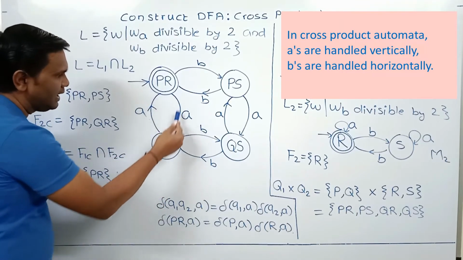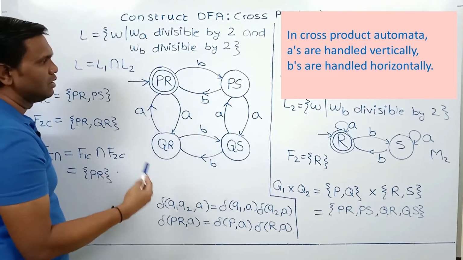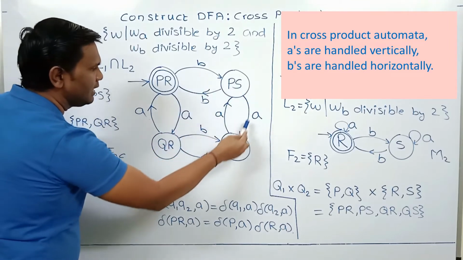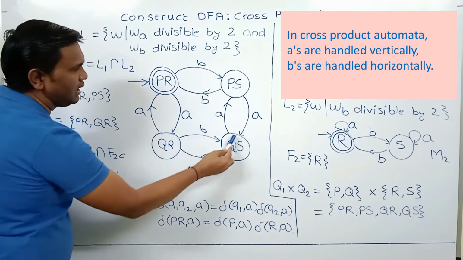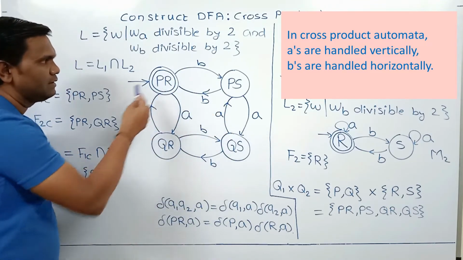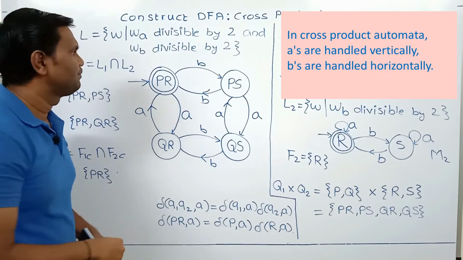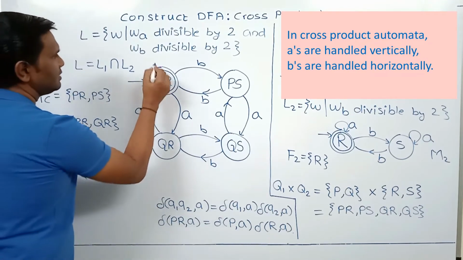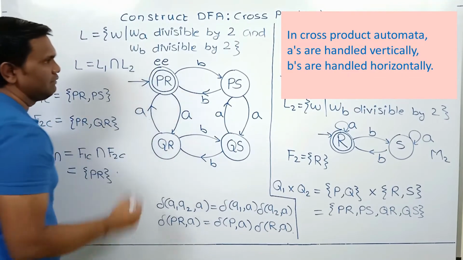You can consider A, B, B, A, B, or B, A, or even B, A, B. All strings which end in PR will have an even number of A's and an even number of B's.